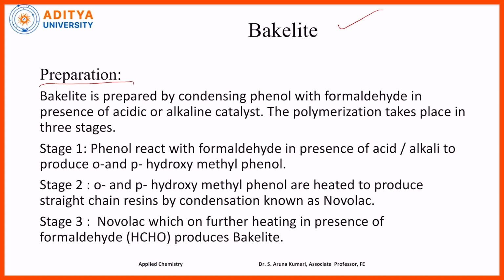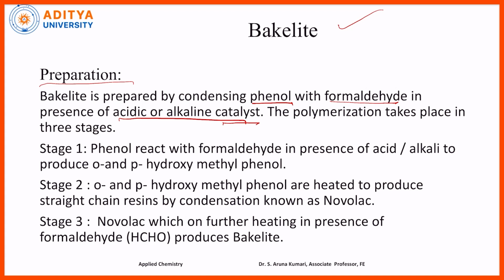Bakelite is prepared by condensing phenol with formaldehyde in the presence of an acidic or alkaline catalyst. So, in the preparation of bakelite, the monomers are phenol and formaldehyde. Along with these two monomers, we need an acidic or alkaline medium which acts as a catalyst.